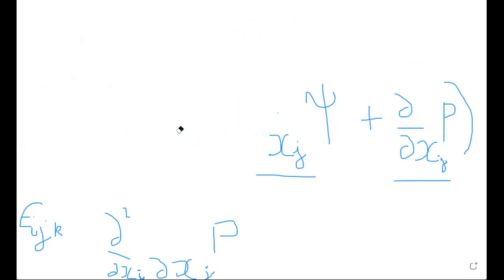Let's say we can let k equal 1, for instance, and then we know when k equals 1 that to have a non-zero term here, I have to have i equals 2 and j equals 3, or j equals 2 and i equals 3.